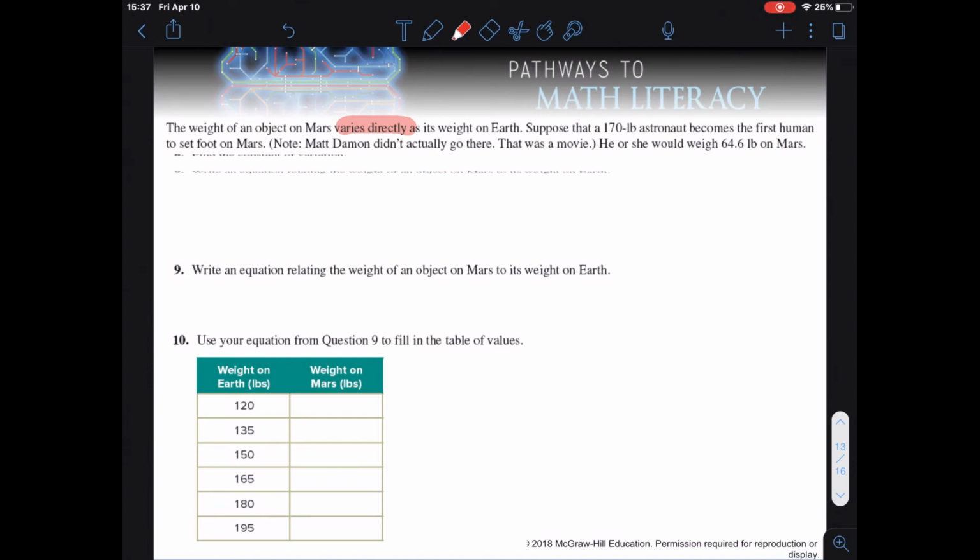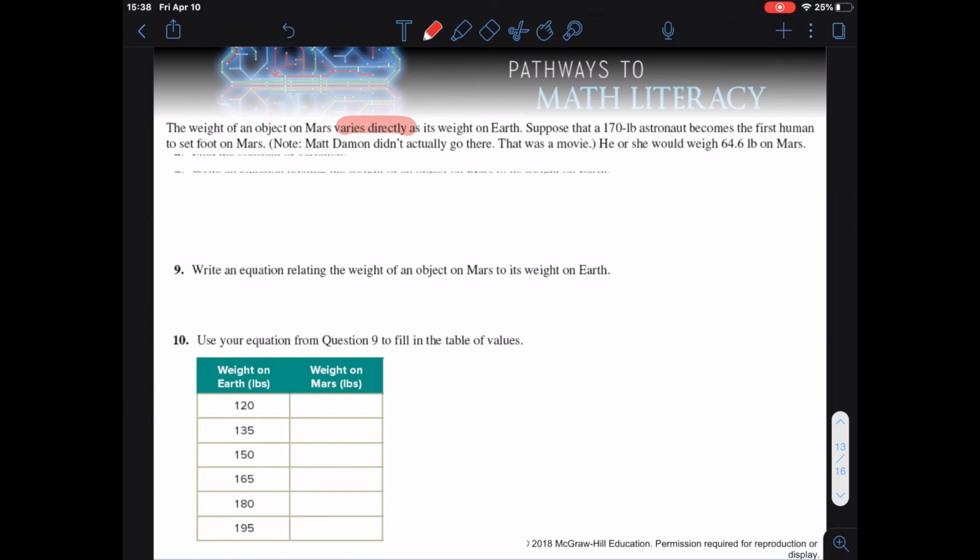So if we have a 170-pound astronaut set foot on Mars, they are actually going to weigh 64.6 pounds instead. So when you go into space, the gravity is going to be a lot less. So this 170-pound person actually ended up weighing 64.6 pounds on Mars.